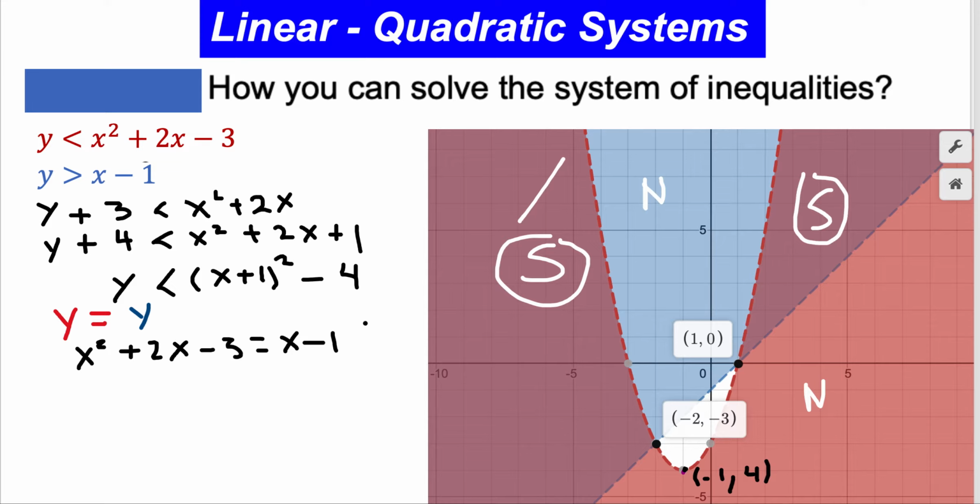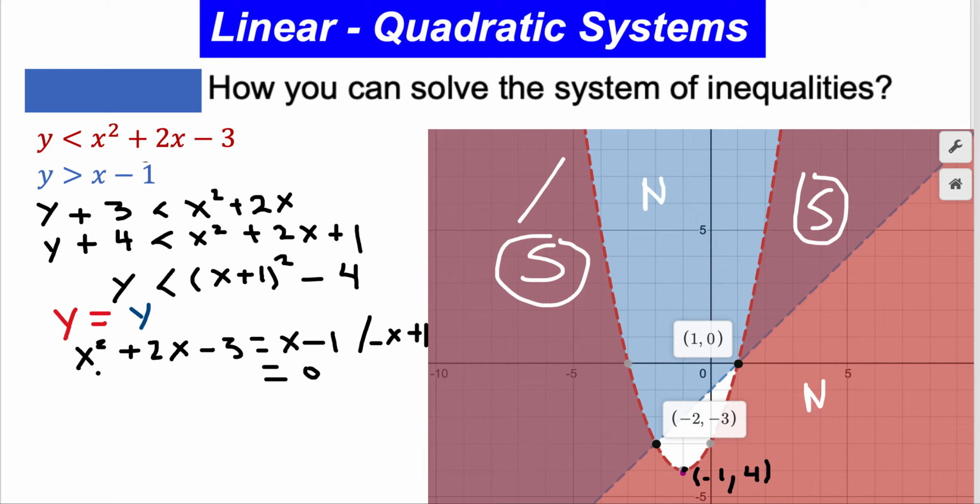If I am subtracting x minus 1 from both sides, minus x plus 1 on both sides, I know for sure this side is going to be 0, because minus x plus x is 0, minus 1 plus 1 is 0.